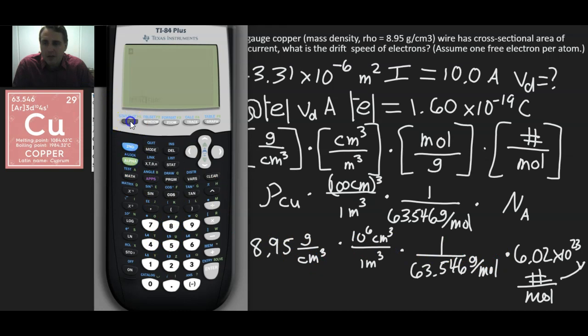I'll do 8.95 times 10 raised to the 6th power, and then times 6.02 times 10 to the 23rd, and that all divided by 63.546. Okay, so let's write this number down.